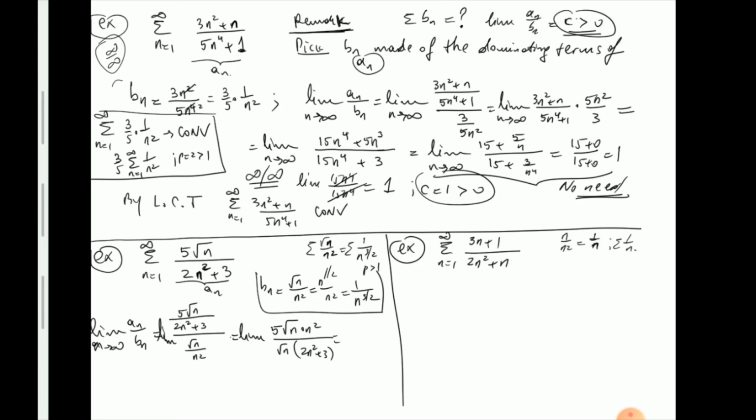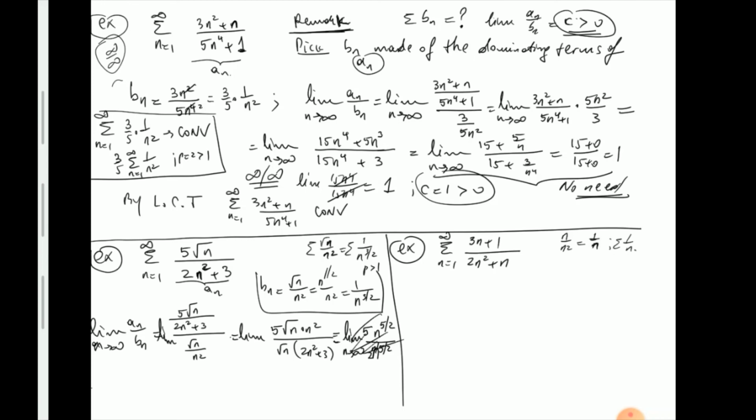And we're going to combine this power, so this is going to be 5, 2 plus 1 half makes it 5 over 2, and on the bottom is 2n to the 5 over 2.